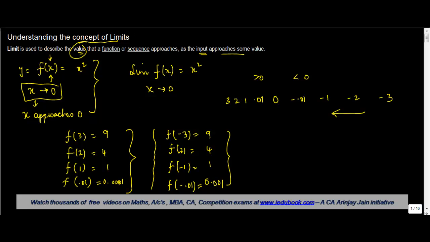In technical terms, you say that as x moves towards a number a, where a is a real number, f(x) moves towards, let's say, L, where L is the limit. So limit is the value which a function moves towards as the input moves towards a particular value.